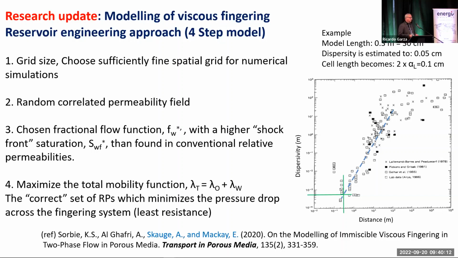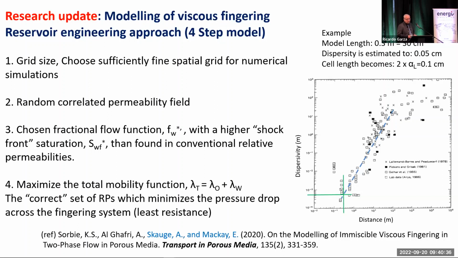The purpose is that you have at least 2 orders of variation in permeability, and the randomness is initiating fingers.